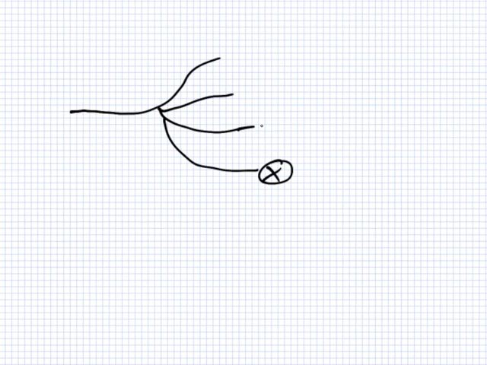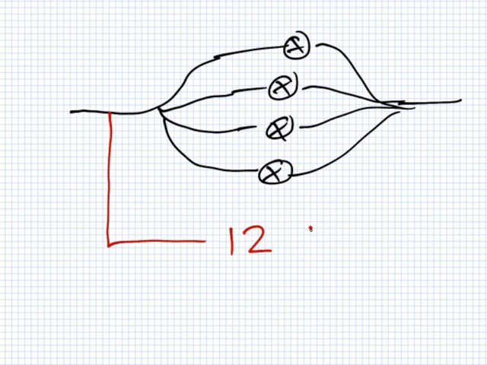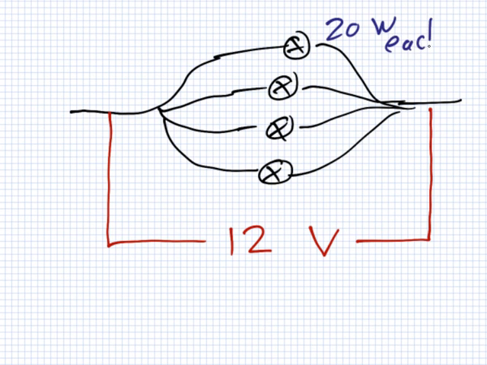I drew it the wrong way. The light bulbs are in parallel. I should have drawn it like this. 1, 2, 3, 4. There we go. Here is 12 volts. And these are 20 watts each. Okay, that's better.